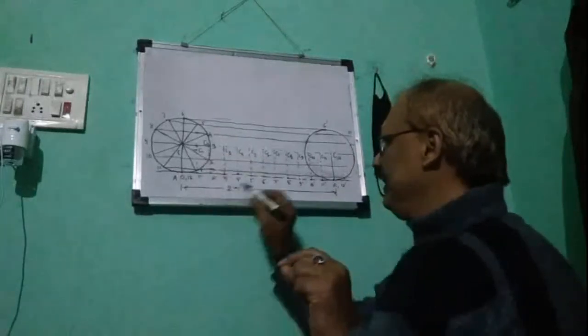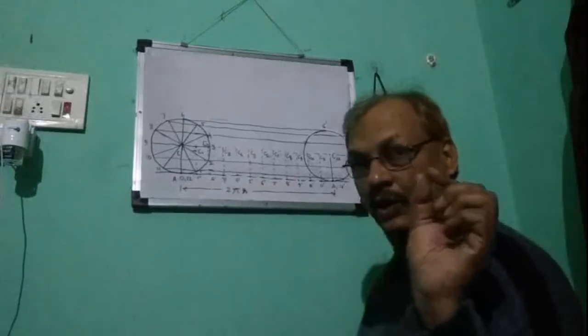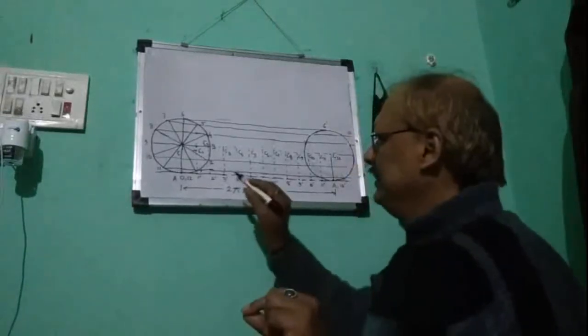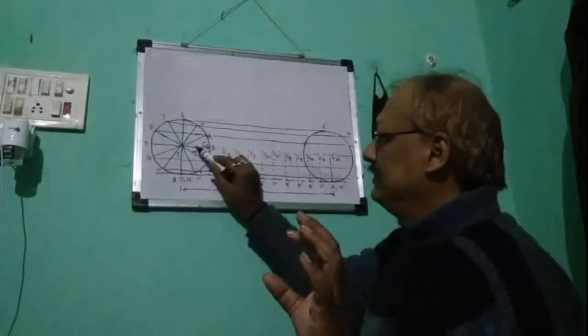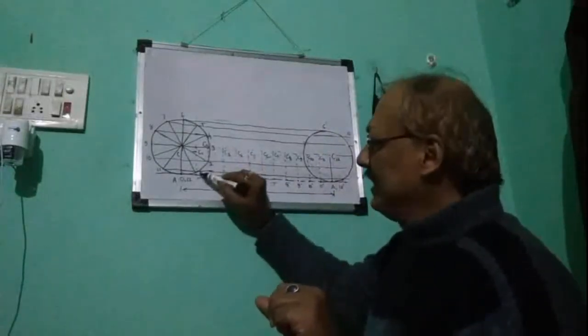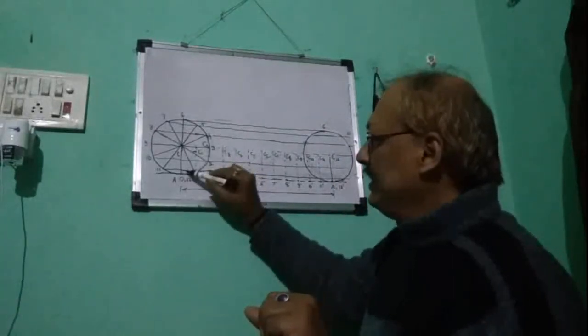That we made 2 pi r, isn't it? So we will take an arc of radius R, and taking center as C1, we will cut here. So it will cut here somewhere.